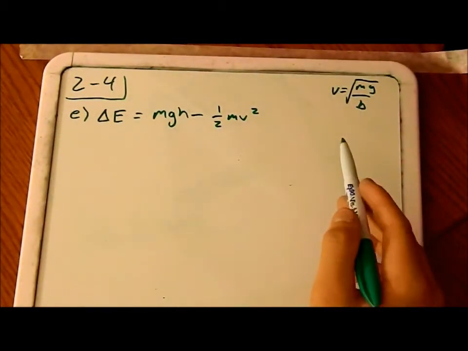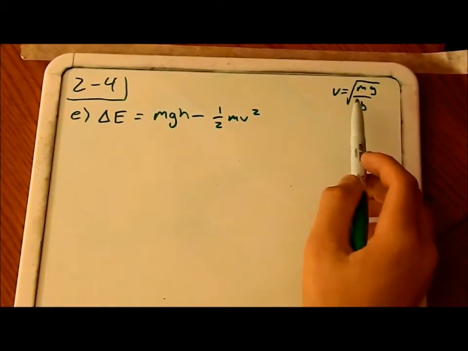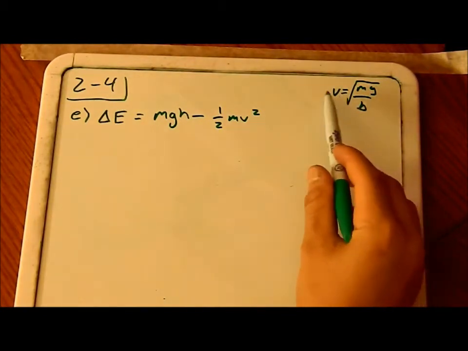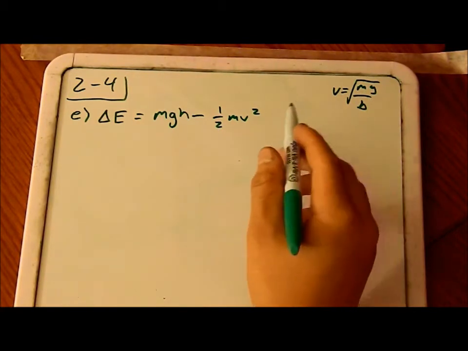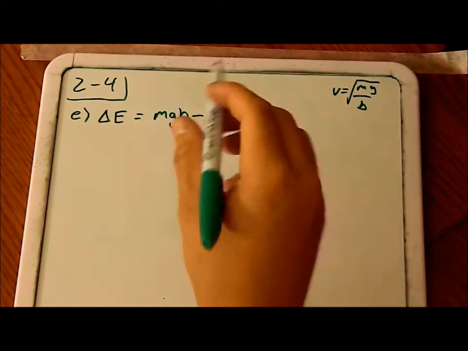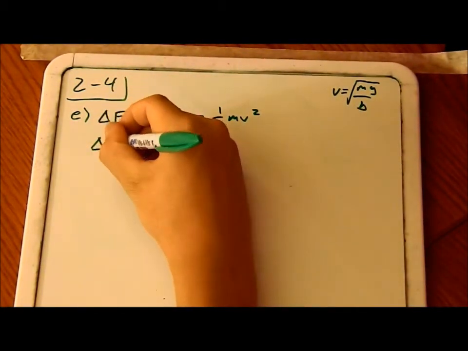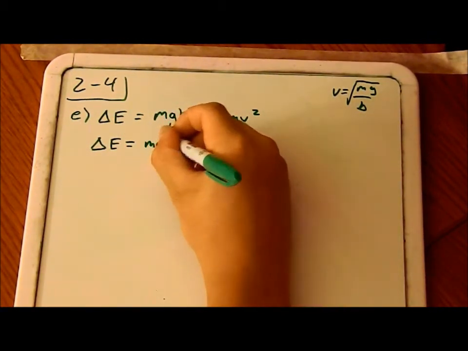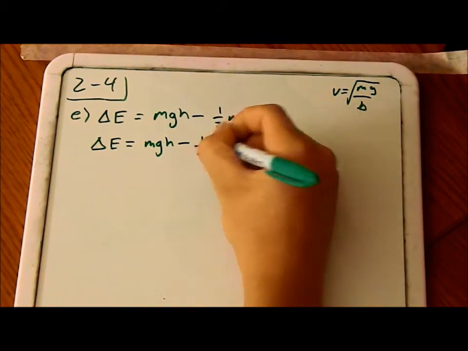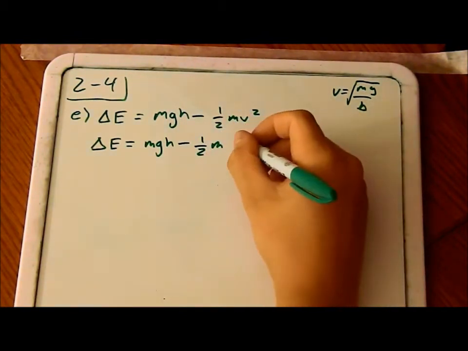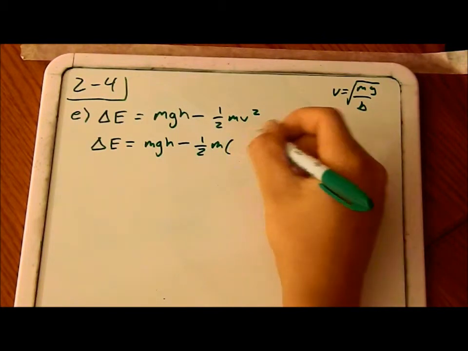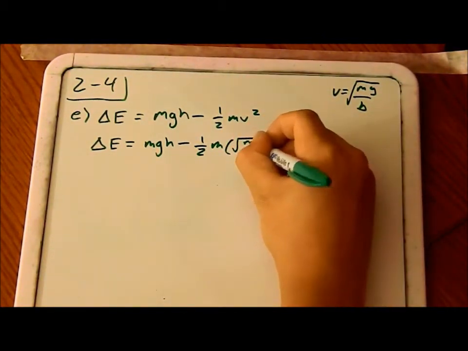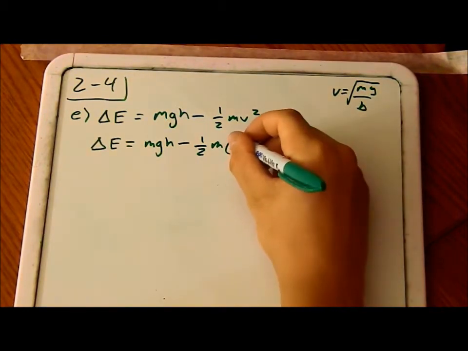So recall that our answer from part D is the square root of mg over b. So we can actually use this in our equation to solve for our answer. So we get total energy is mgh minus 1/2 m, substitute part D answer, which is square root mg over b squared, so that just cancels out the square root.